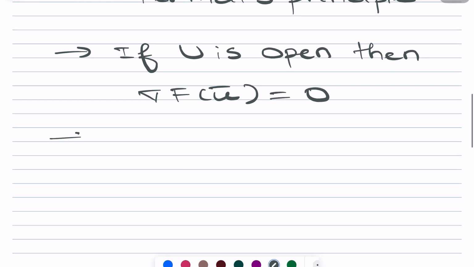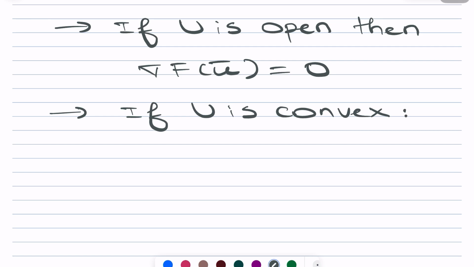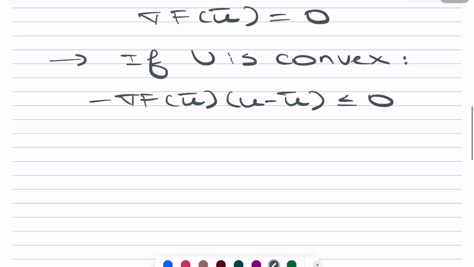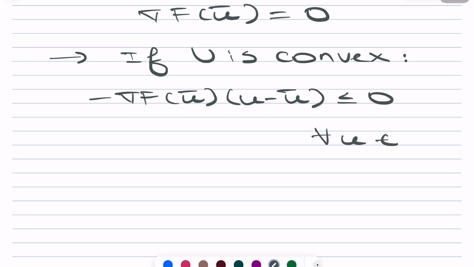And if U is not open, but rather convex, then you can prove that the optimality condition is given by the gradient of f at u bar, this would be the scalar product, with u minus u bar is less or equal than 0 for every u in U. You can put transpose here, depending on how you define vectors in R^d.